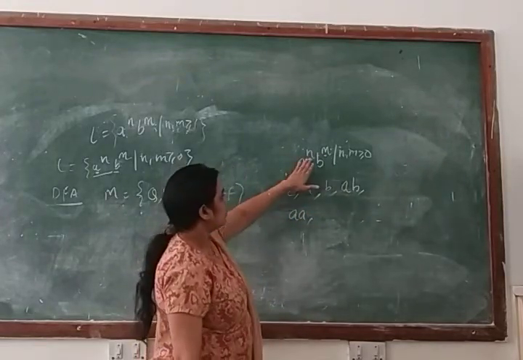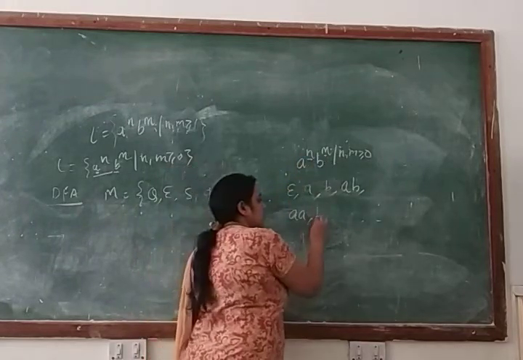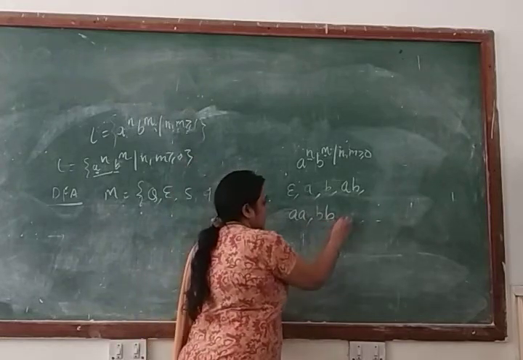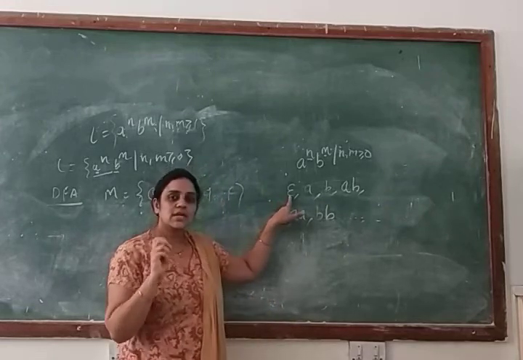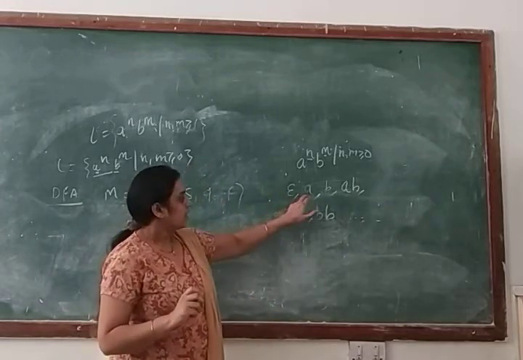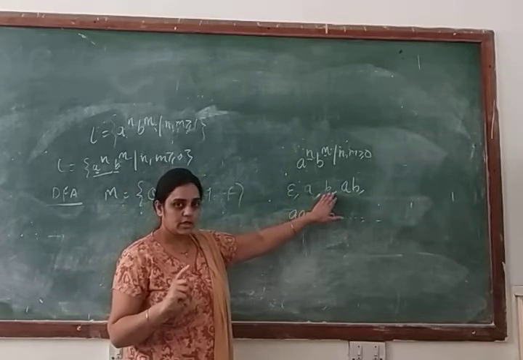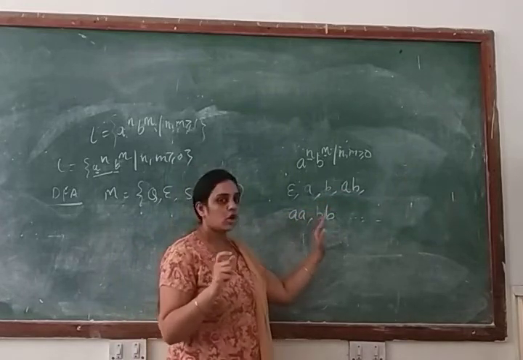Clear? Then if you put n as 0 and m as 2, you will get bb. Clear? So you can see we make strings like that. Your smallest length string is epsilon, then your one length strings are a or b, and your two length strings are ab, aa or bb.